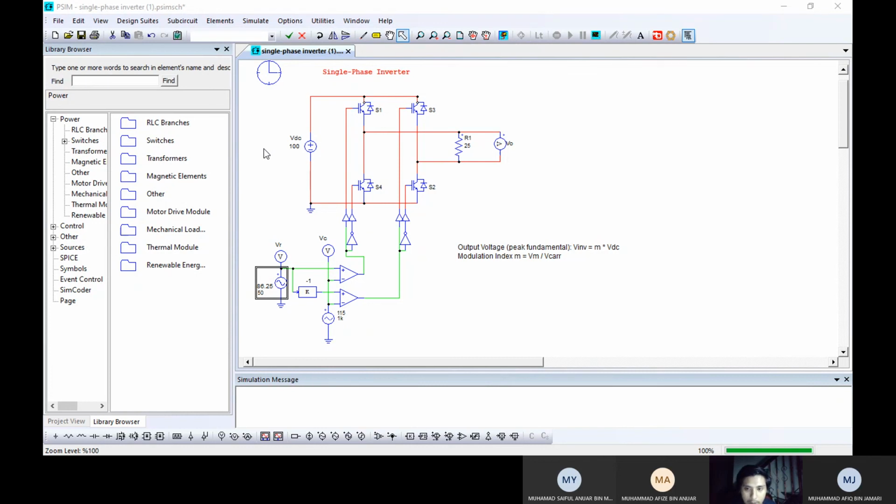For question D, what we need to find is the PWM.